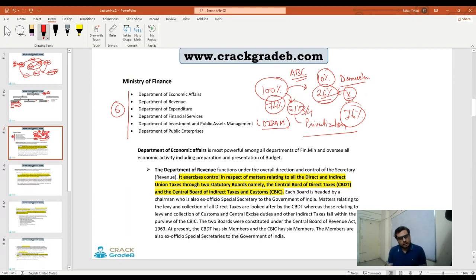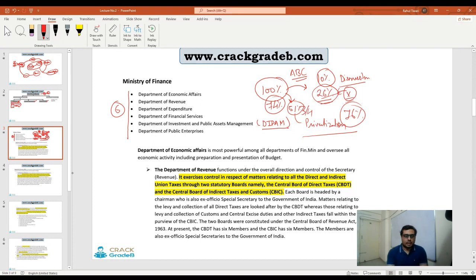When the new government came to power, they emphasized the need for more, better, and effective disinvestment. More companies are going to be disinvested, and effective disinvestment should be there.